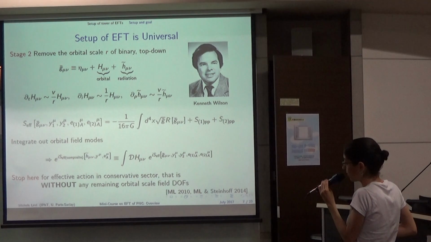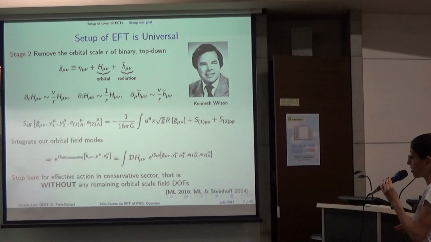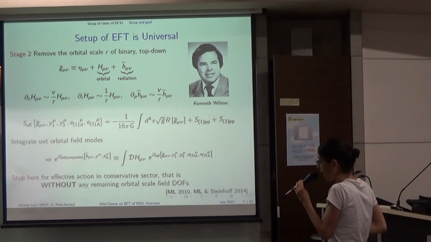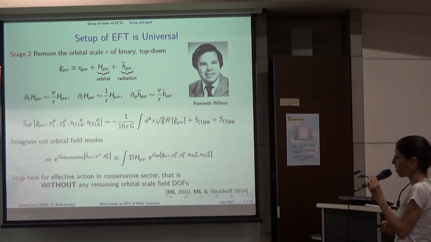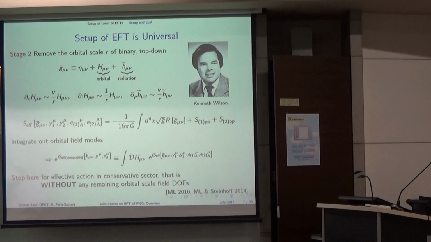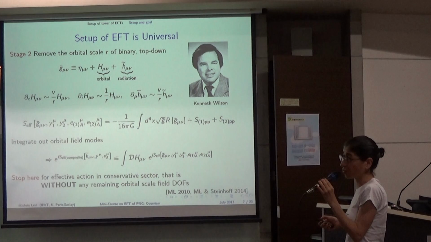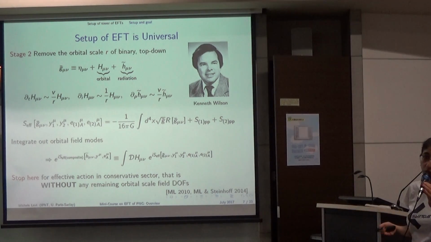In order to get the effective action in the conservative sector, there is no need to continue, we can stop here. But we just want to stress that indeed we have to verify that at this stage we are left without any remaining orbital scale degrees of freedom. And this was something that was not achieved in previous work, for example, Porto's work.